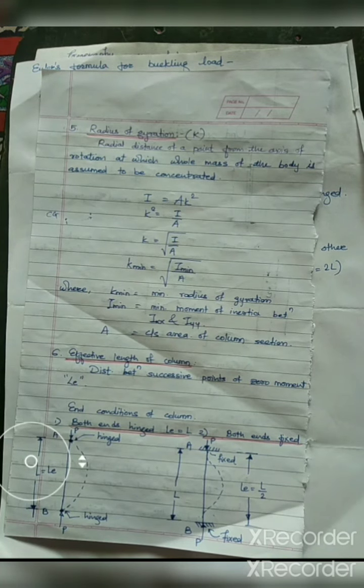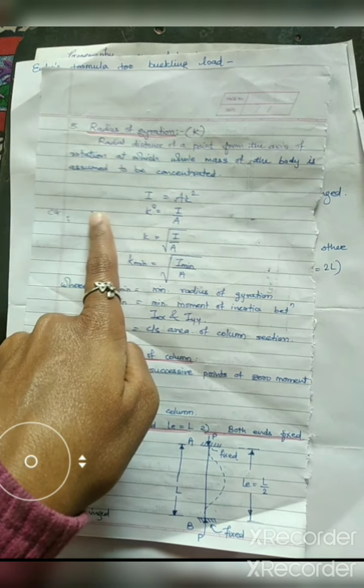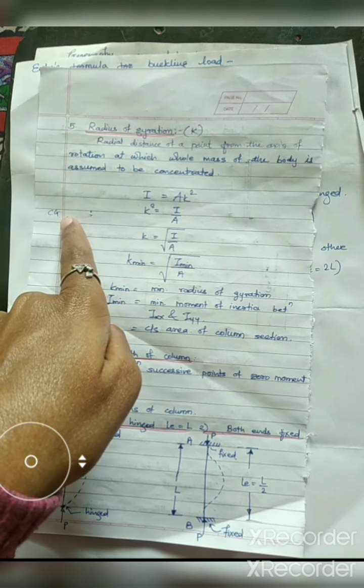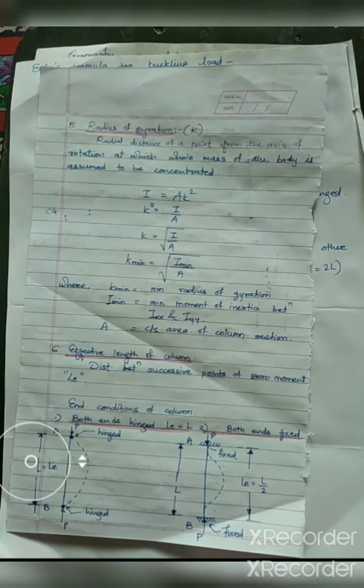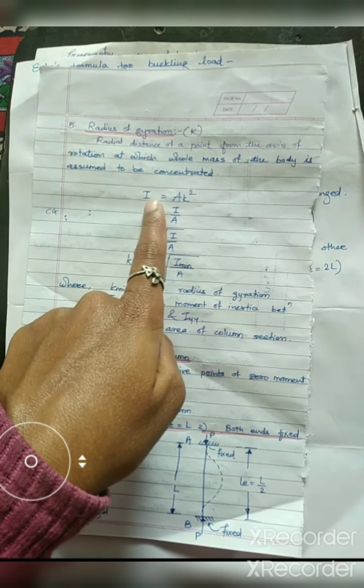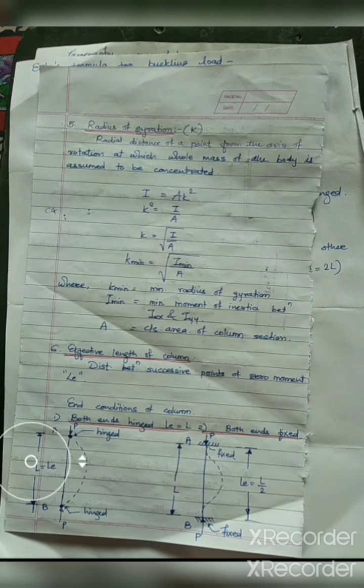The radial distance of a point from the axis of rotation at which the whole mass of the body is assumed to be concentrated is the radius of gyration k. Moment of inertia I can be written as I equals A into k square.